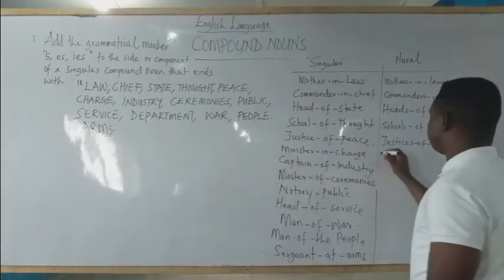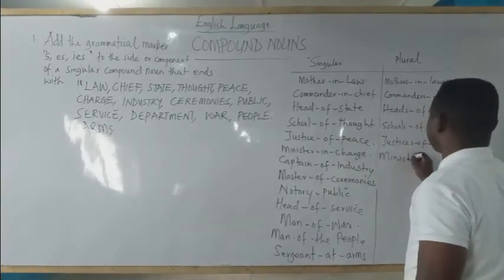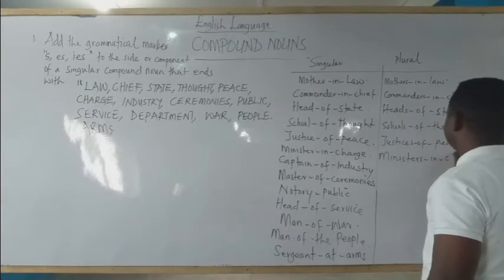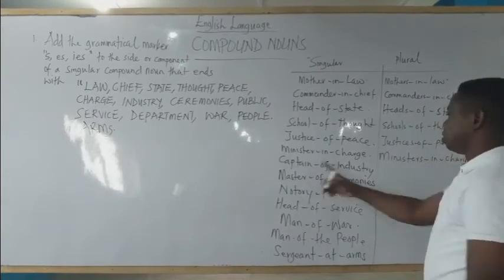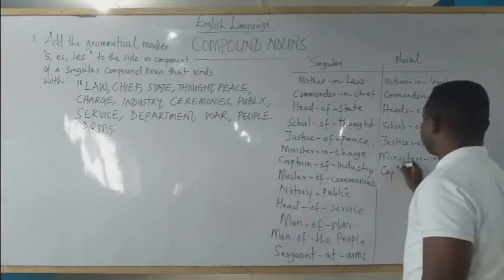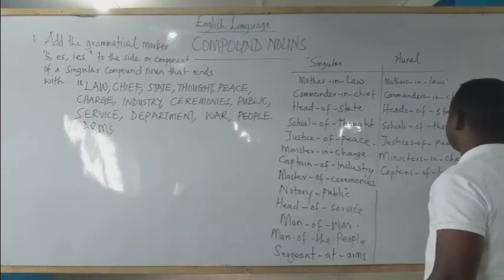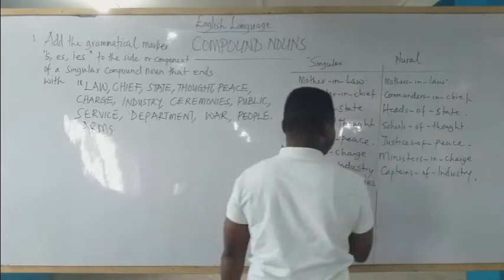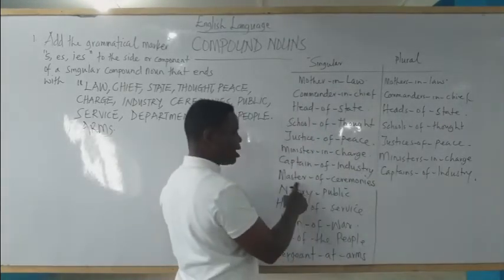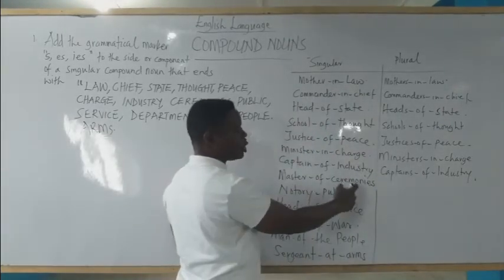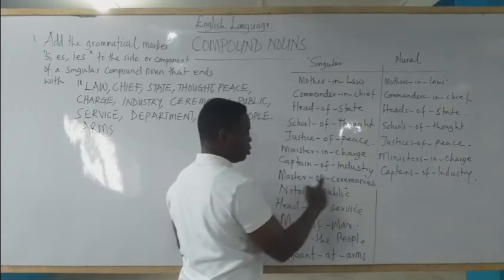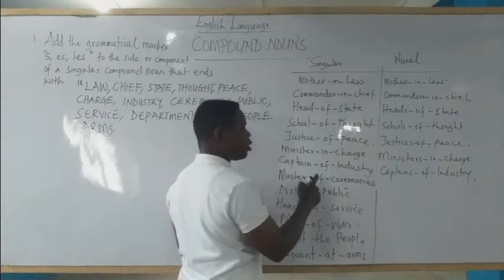This becomes what? Ministers in charge. This becomes what? Captains of industry. Look at the next one: master of ceremonies. The word ceremony will end with what? IES. The singular form is master of ceremonies.